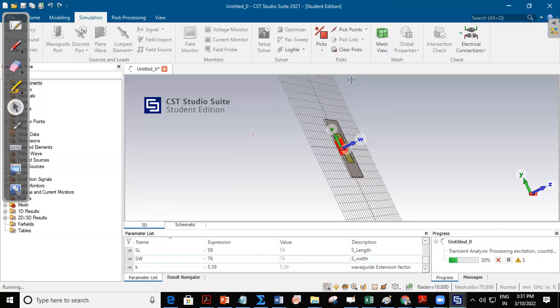So you can see the simulation is running because the structure is designed for some meshing. Let it complete the transmission transient analysis.